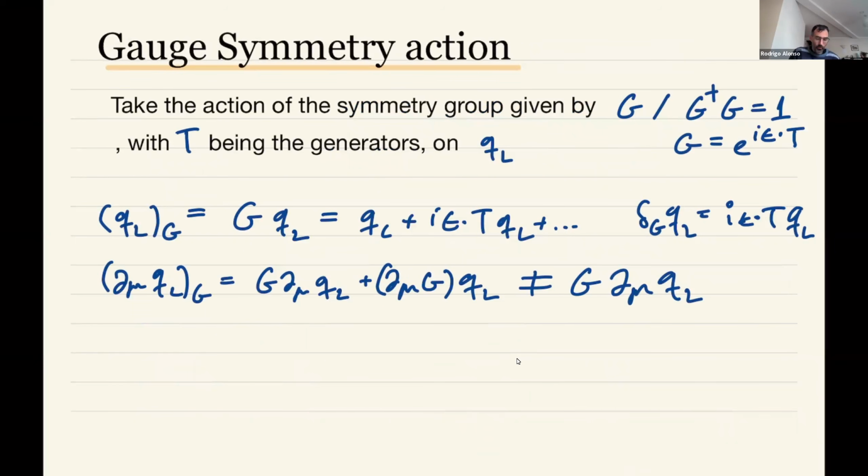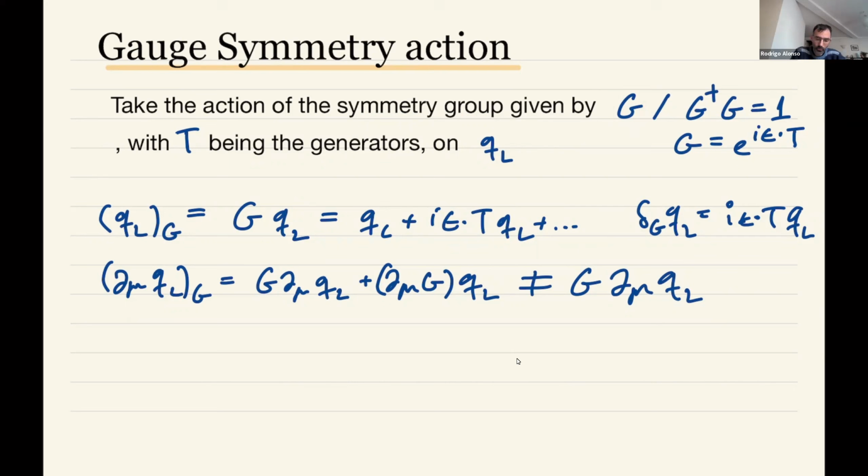Further, I'm going to be a bit explicit in the beginning and maybe go over some things that you already know, but it's good to establish a notation and get everyone on board. So a bit of definitions here, making specific what we mean by this gauge symmetry action. Let's take the action of the symmetry group given by some group element g.